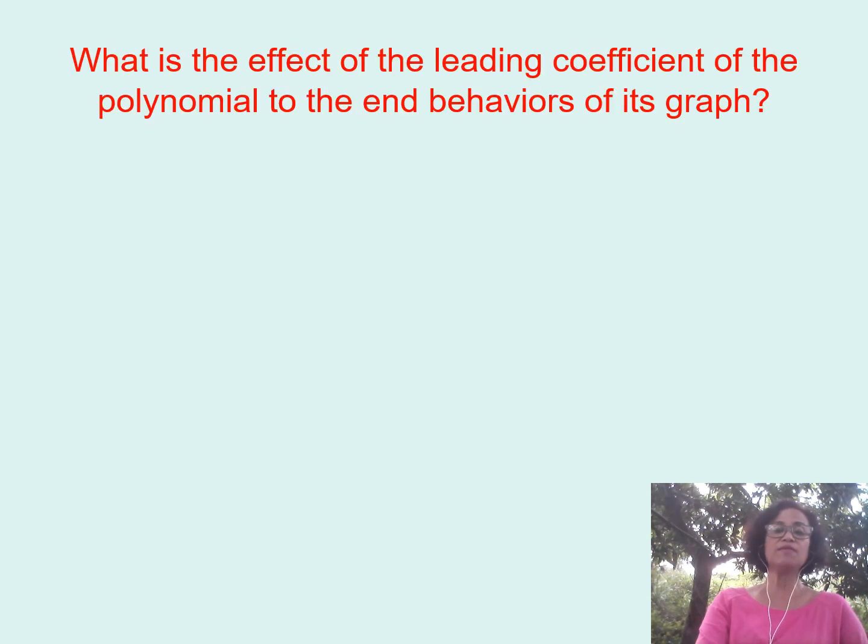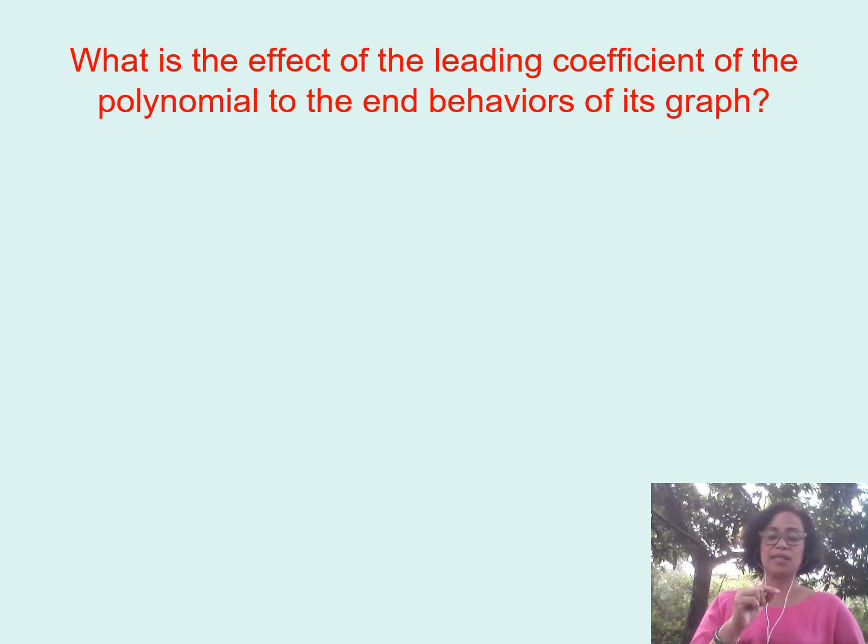Since I have discussed the leading coefficient in my previous example, which is 3, let us now go deeper by determining the effect of the leading coefficient of the polynomial on the end behaviors of the graph. So first thing, let me define what an end behavior is.